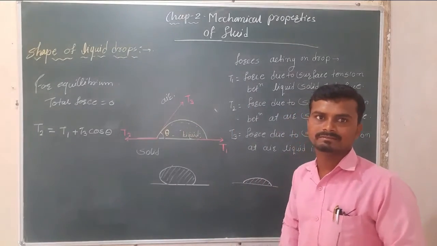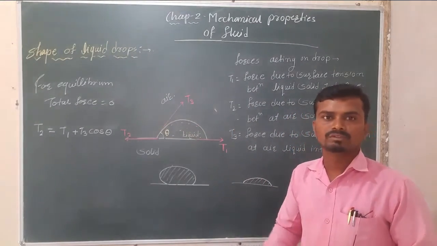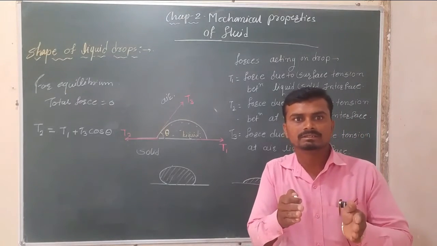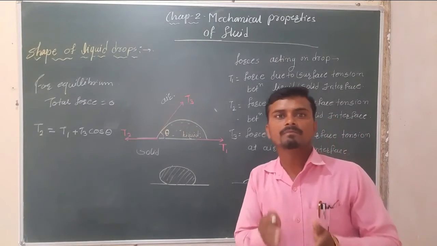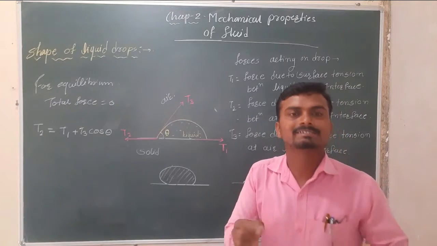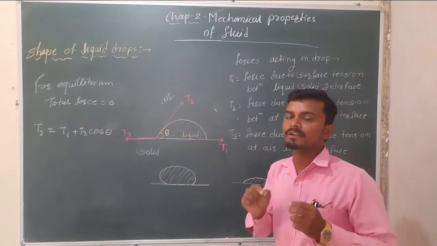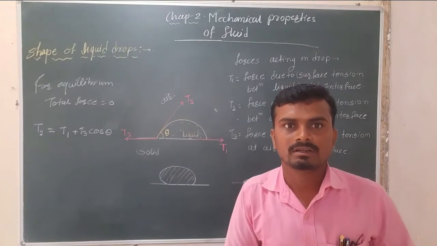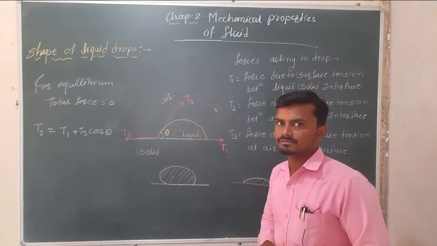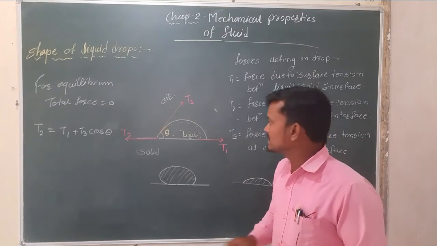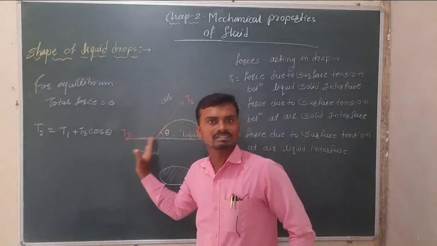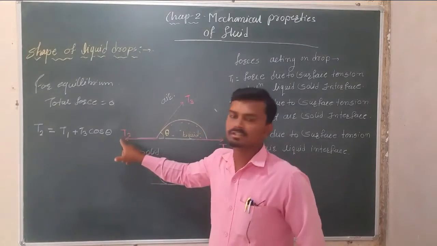Why do I write this? Because I consider a particular condition, equilibrium of a drop. I consider a stable drop. For a stable drop, the net force acting on the liquid drop must be 0. If I consider the force towards the right side, then that force is T2.